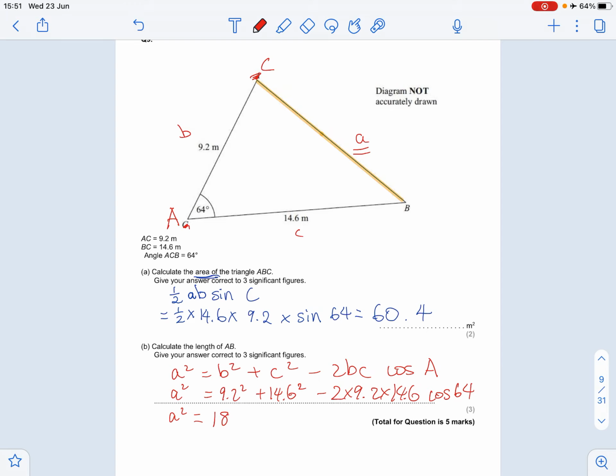So you should have 180.03. Then remember, we want to find the length, so you must square root your answer. You should get the length 13.4 to 3SF.